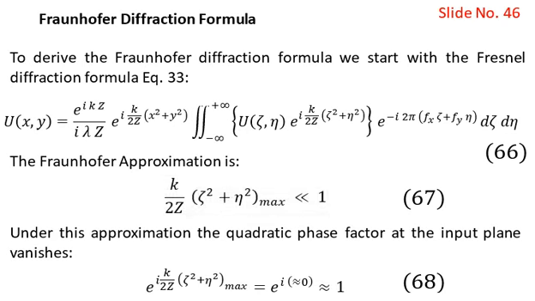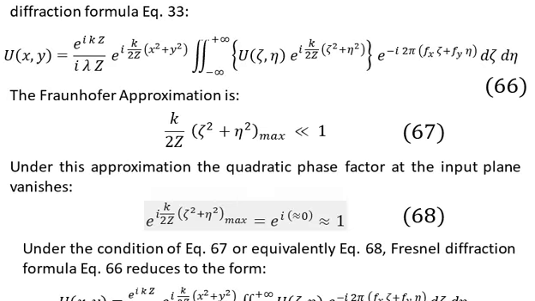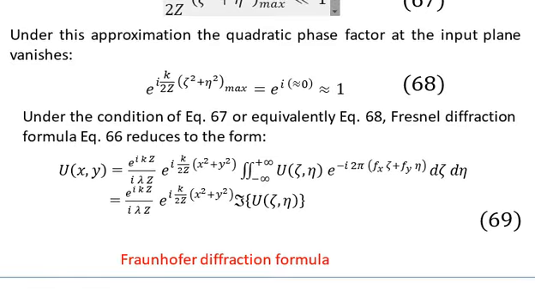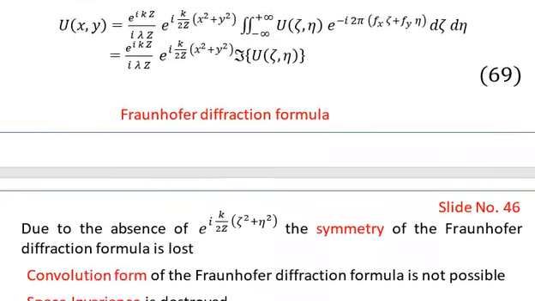So this quantity is much less than 1. It means that we limit the dimensions of the aperture in such a way that when multiplied by k over 2z, it is also much less than 1, although k is a very large number. So this is the Fraunhofer diffraction formula.